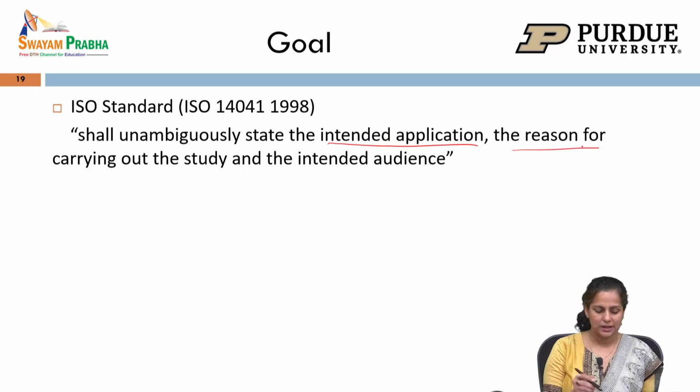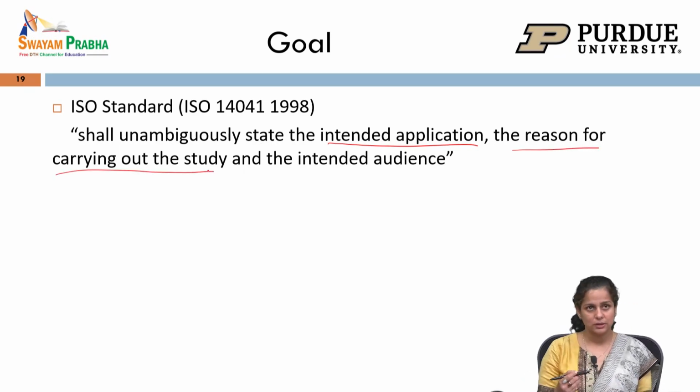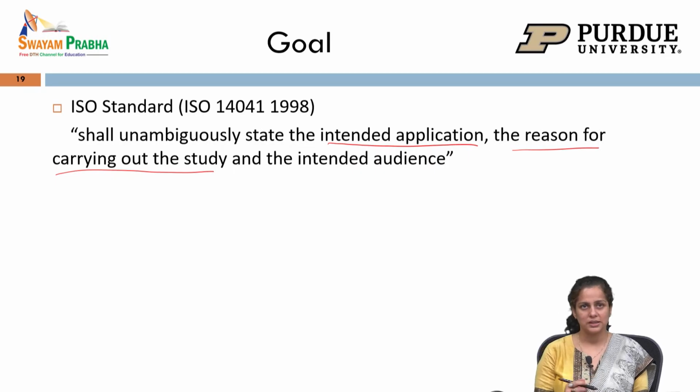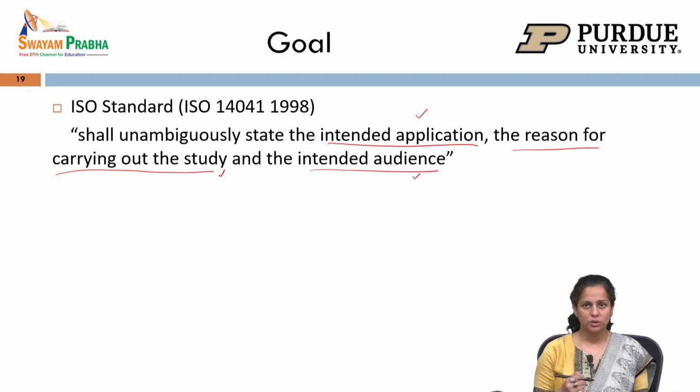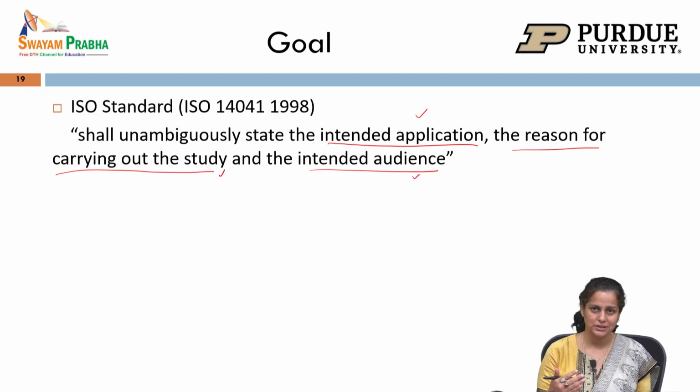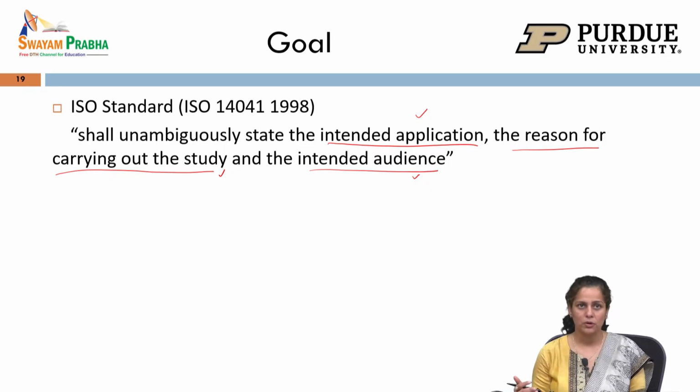The reason for carrying out the study, what is the reason that you are developing the LCA, and the intended audience, which means who is going to use your study. So, intended application is where it is going to be used, reason is why you are doing this, and intended audience is who is going to use it. Based on that you set up your goal statement, and once you have the goal statement set up, then you go for the scoping of your LCA.